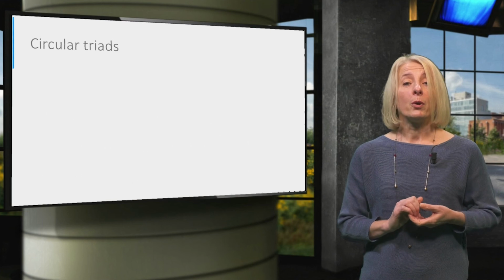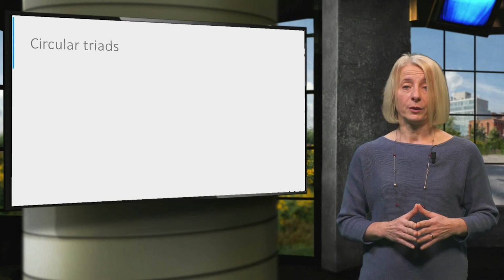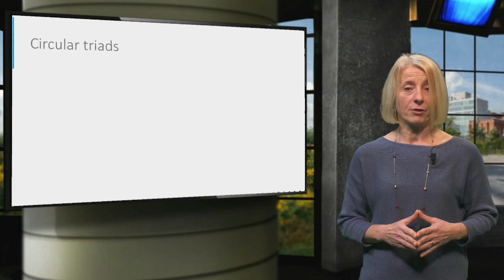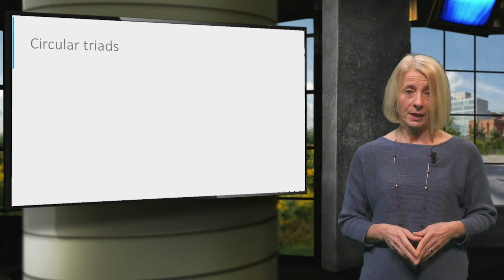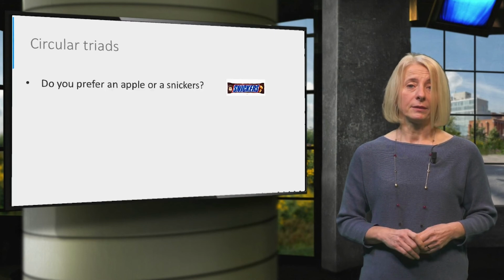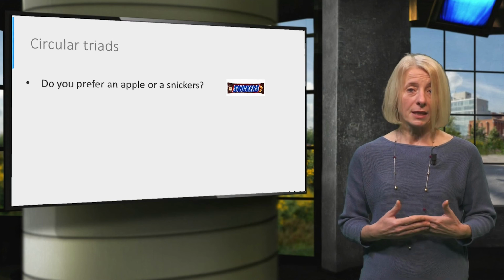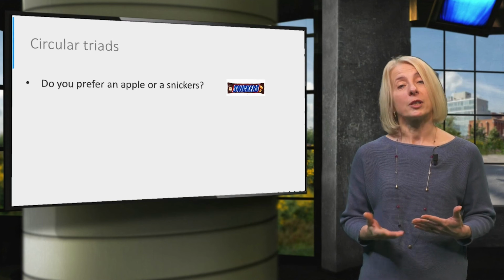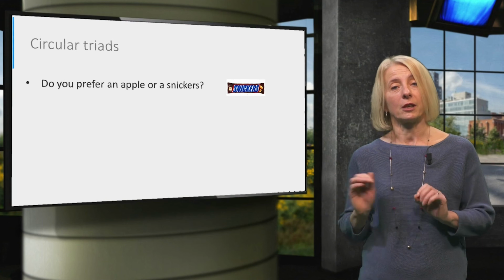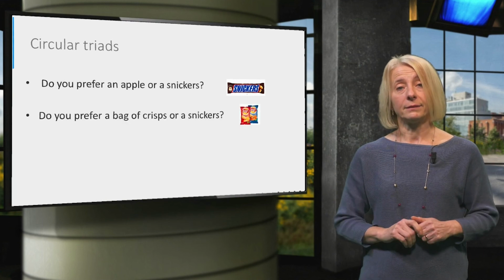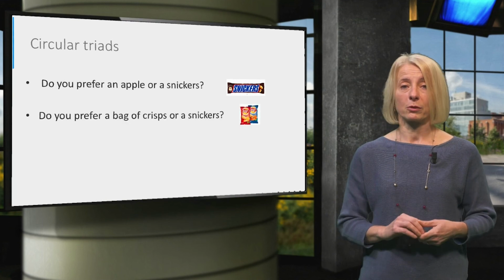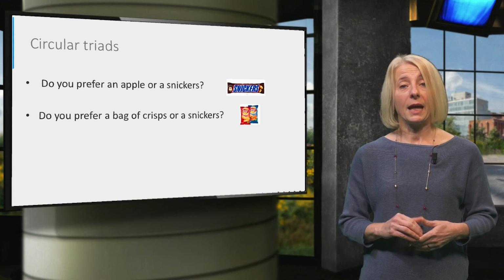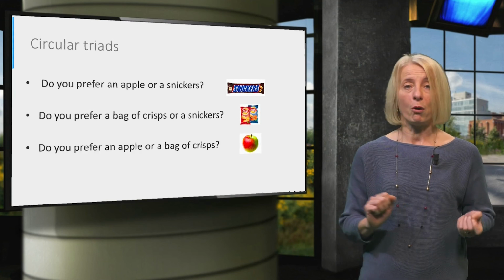Finally, we point out one problem that can occur during the preference elicitation. It can happen that an expert, when asked to choose an apple or a Snickers, picks a Snickers. Then he prefers crisps over Snickers, and finally an apple over crisps.